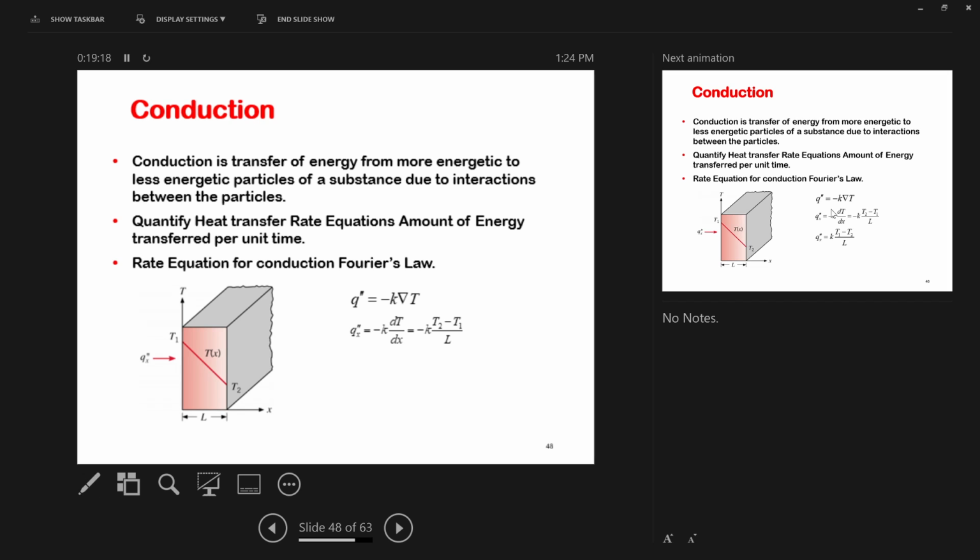Then if there is nothing special happening inside the wall, meaning that there is no heat generation, there is no explosion happening inside the wall, there is no wire passing through the wall, we can simplify this derivative term to delta T over delta X, which in this case is going to be T2 minus T1 over the length of the wall, the thickness of the wall. And then you can bring the negative sign into the equation and have the total heat flux equal to K times (T1 minus T2) over L.